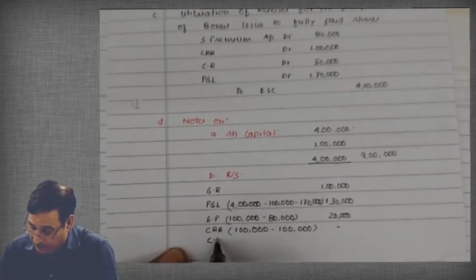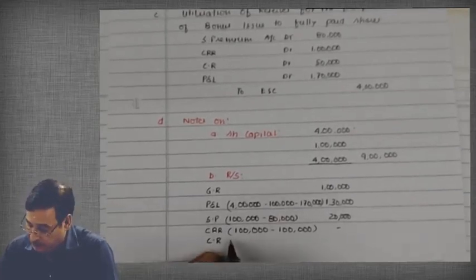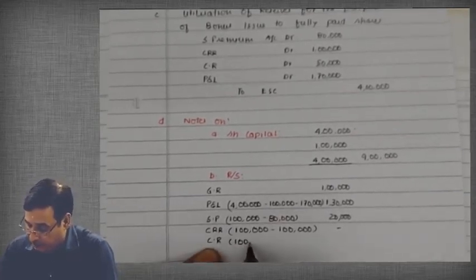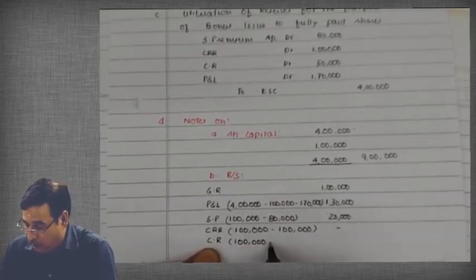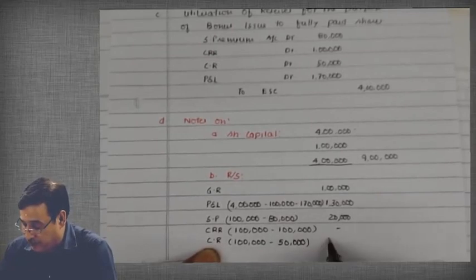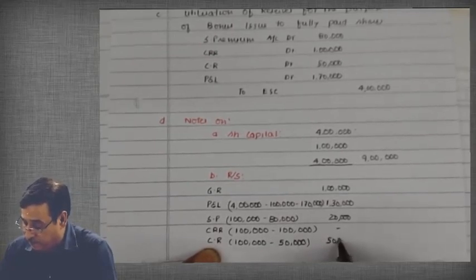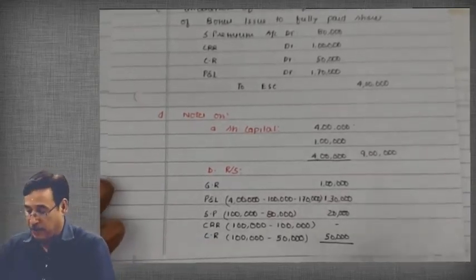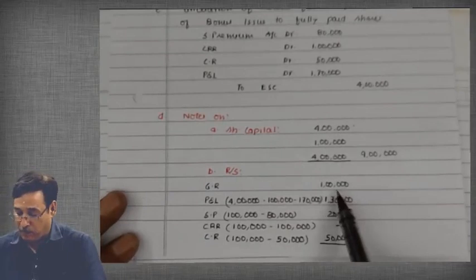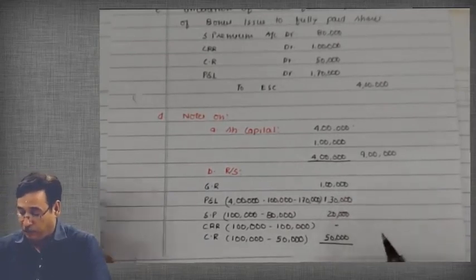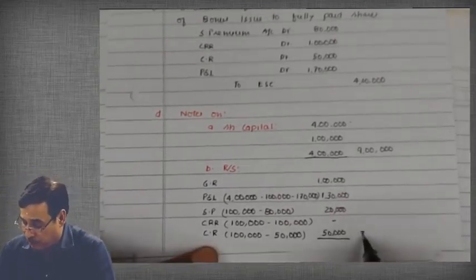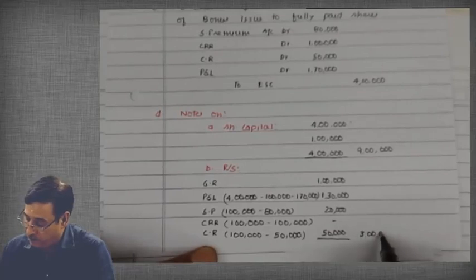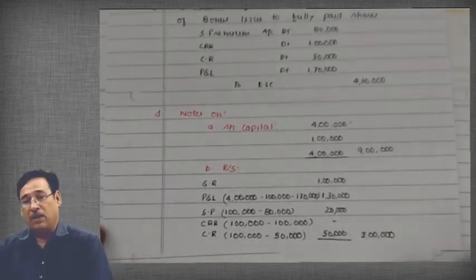Then as far as capital reserve is concerned, there is a balance of 1 lakh in the balance sheet. Out of that we have utilized only 50,000 and 50,000 is still remaining. So all in all, after the bonus issue, the balance of reserve and surplus, 250 plus 50, happens to be 3 lakhs. Correct? So this is the balance.